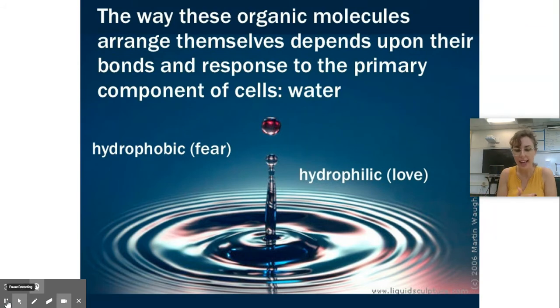And our cells are made of some substances that are hydrophobic and some that are hydrophilic. Us understanding how water works will help us understand how water will interact with the different molecules in the cells of our body, okay? So I just wanted to give a little bit more biological context.